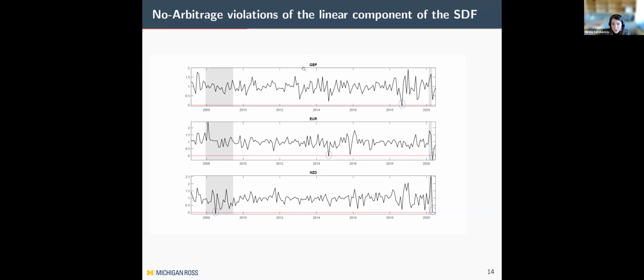And in particular for the British pound, the euro, and for New Zealand, you see that there are different times at which the linear component will violate the no arbitrage condition in the sense that it's going to become negative. So for the British pound, when does this happen? It happens in 2018, which was like the first time when the British pound fell by more in the previous 40 years.